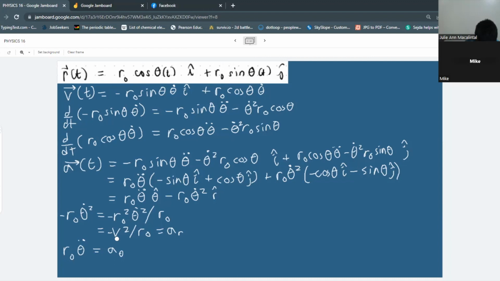So even if the object is not moving at a constant speed, the acceleration towards the center is still v squared over r. The only difference is that there is a component of the acceleration tangent to the circle, which is given by that. Anyway, just save this, because when we do circular motion, all of this will come out.